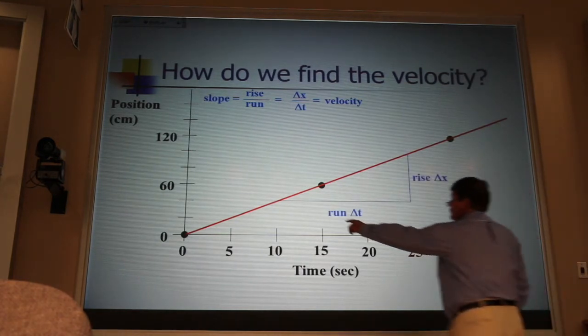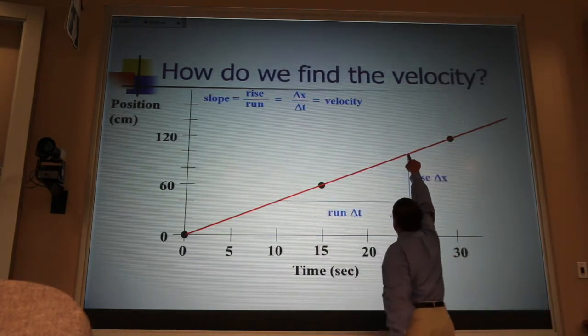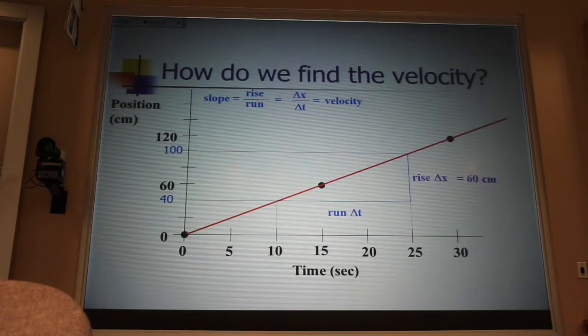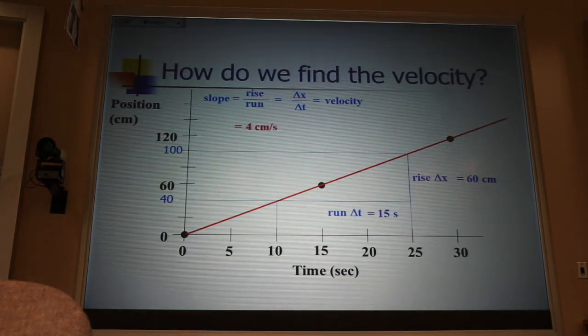You pick any 2 points on the line, and you compute the rise. In this case, it would be 100 minus 40, or 60. You compute the run. In this case, it would be 25 minus 10, or 15. You divide the rise by the run, and you get the slope. In this case, it would be 4 centimeters for each second.